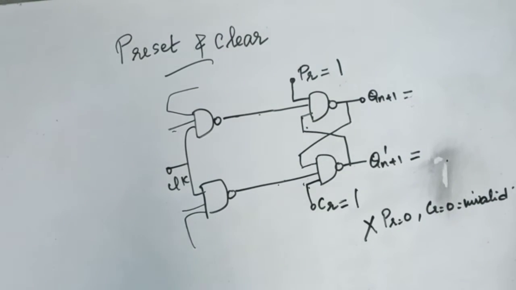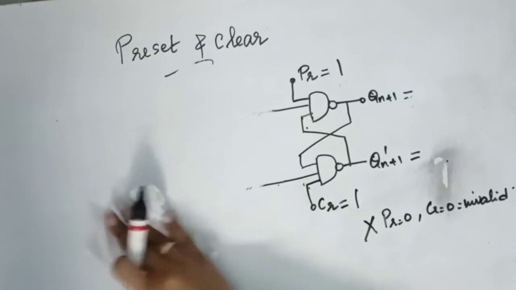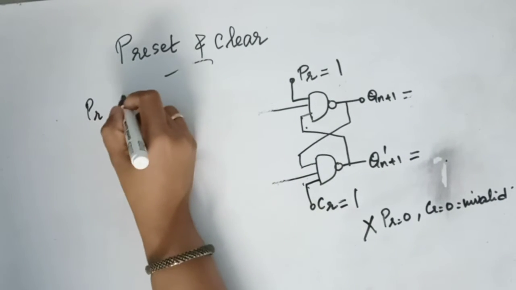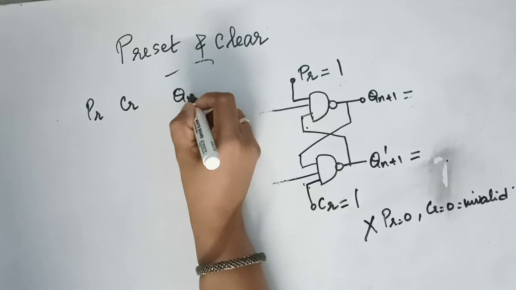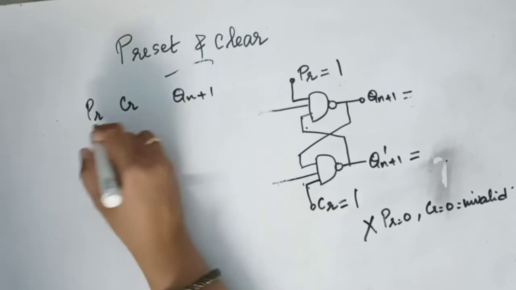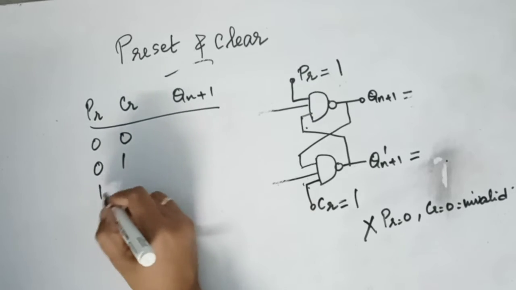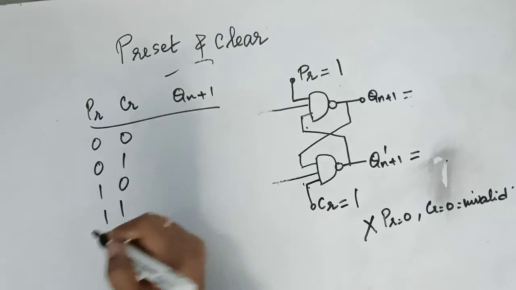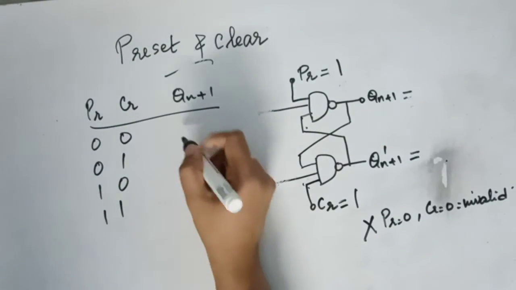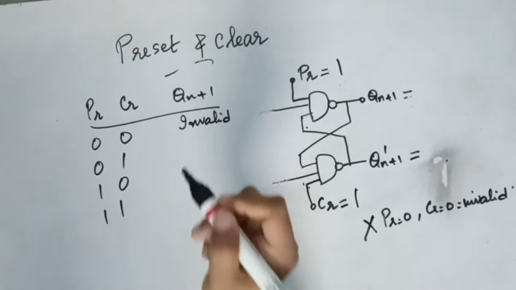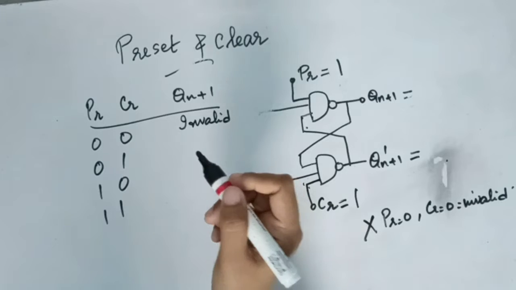So what I'm meaning to say is, preset clear: 0 0, 0 1, 1 0, 1 1. So 0 0 is invalid. You can't have both of them active at the same time.